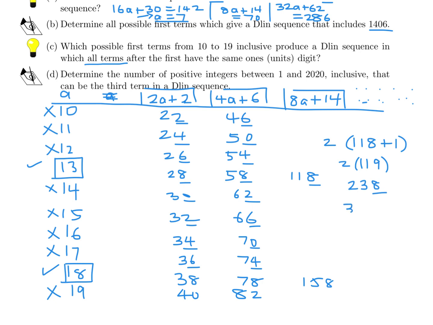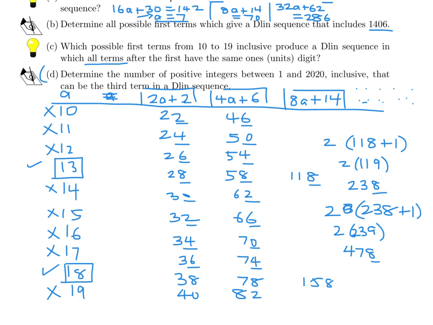So if you took 238 and then added 1 and then multiplied by 2, it comes to 2 times 239, and again, that's going to be 478. So you can sort of just say that it's always an 8. If you add 1, it's going to be a 9. And 9 times 2 is always going to give you a units digit of 8. So something like that. I think that should be a sufficient explanation.